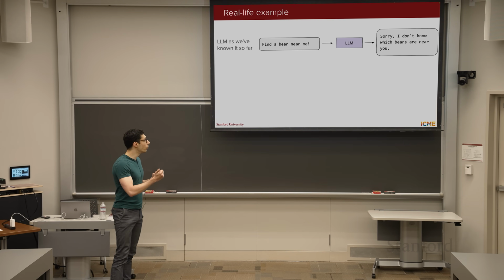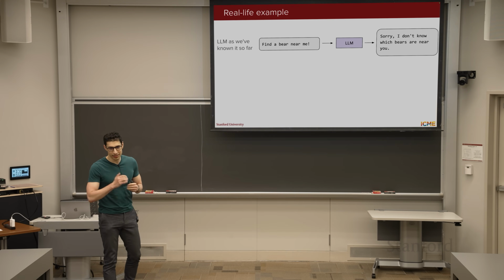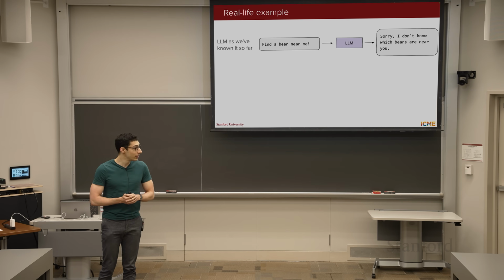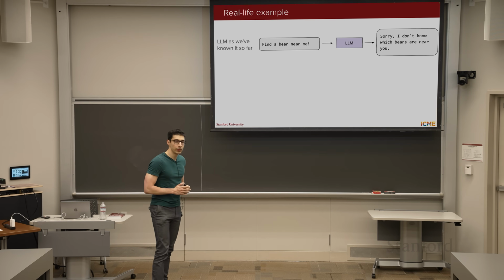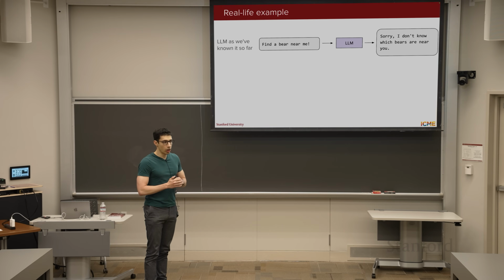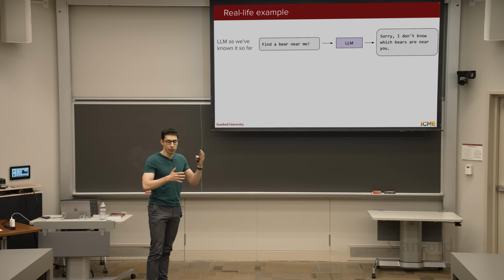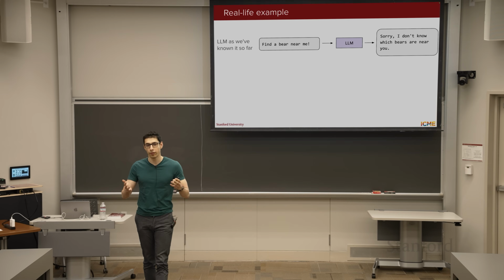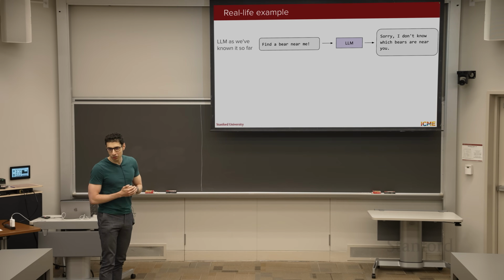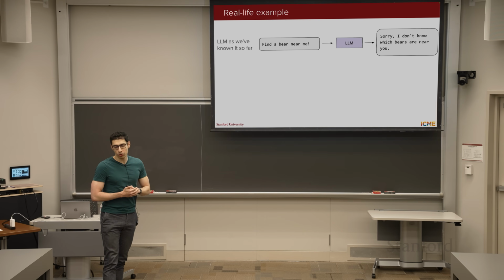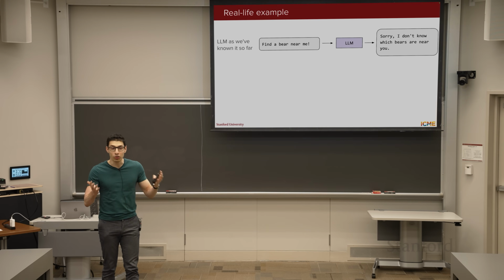What if you pull your phone out and you just ask, find a teddy bear near me? Your current LLM without any tools would not know the real-time availability of teddy bears near you. So it would probably answer something in the flavor of I don't know, or not sure.